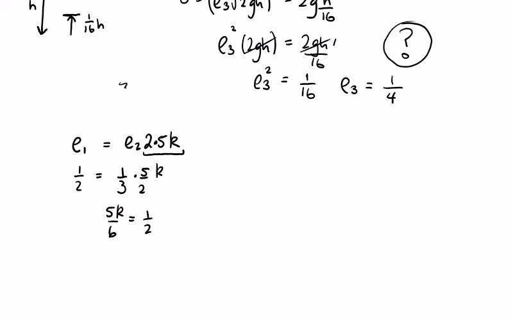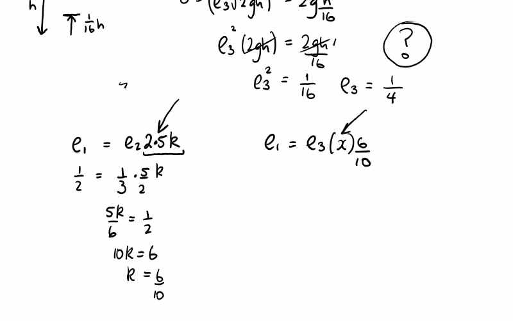So 10K is equal to 6. So K is equal to 6 over 10. And now the relationship between E1 and E3 is the same. We have K now. So let's have a look at what the thickness of the paper is. This is now the unknown. So E1 is equal to E3 by the thickness of the paper, we'll call it X, by K, which is 6 over 10. So it's just reversing the unknowns from that one.